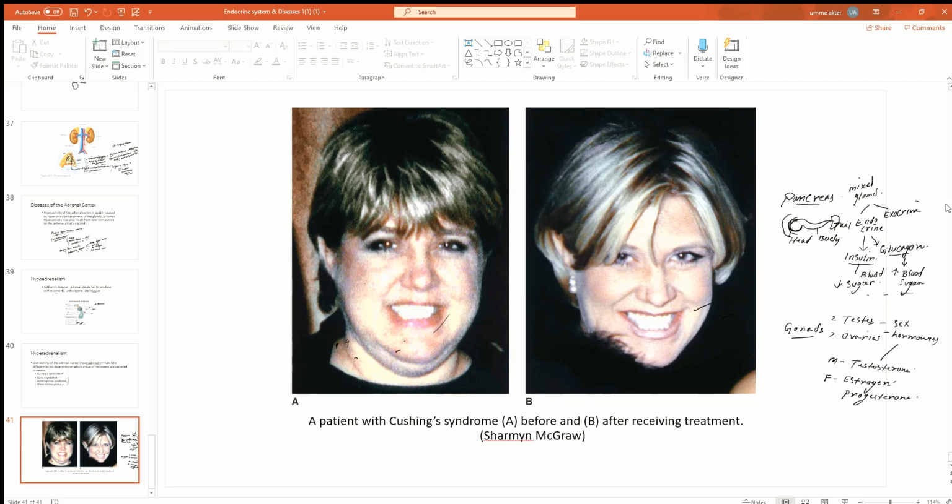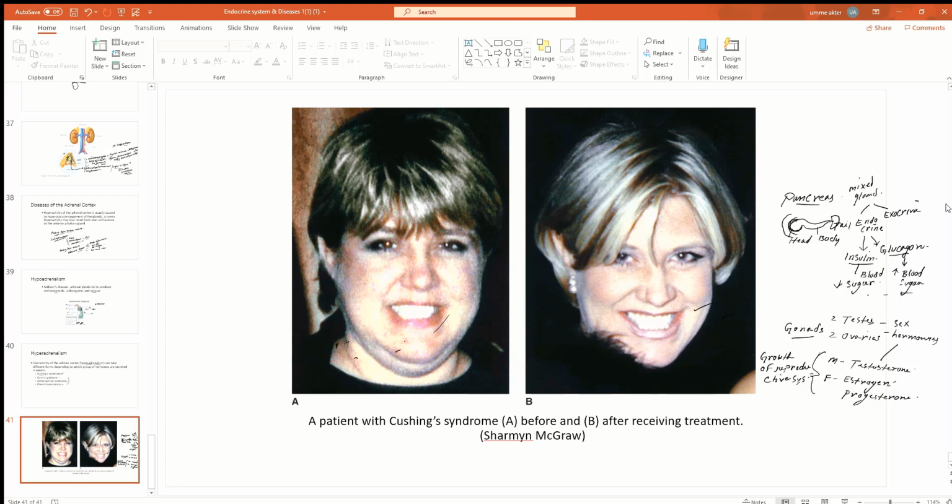And sex hormones do what? Sex hormones help in the growth of the reproductive system, and the function of the reproductive system.